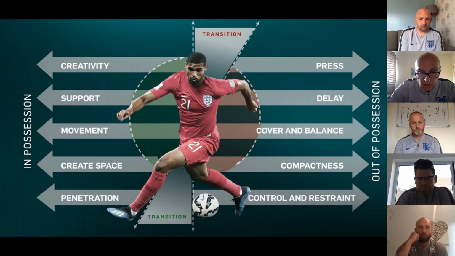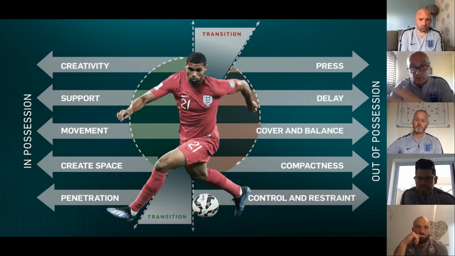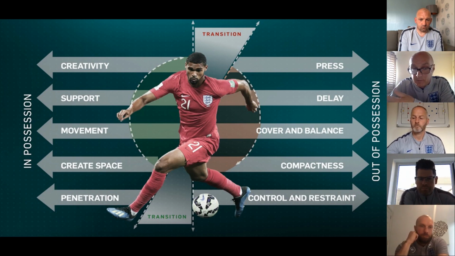I can show inside or out as long as I justify why I'm doing what I'm doing. With the younger players, I can press linked to the 3Bs: a bad touch, a bad pass, or a back pass. That may be a trigger for me to press, and then I'll go through the strategy of how I'm going to press, of which Fozzie's given you an example, and John's given you a couple of differences that may happen.